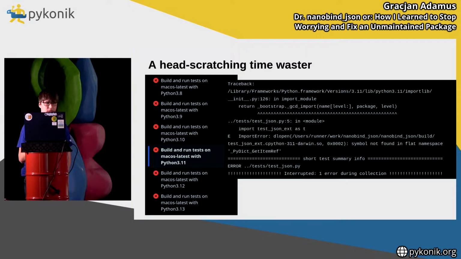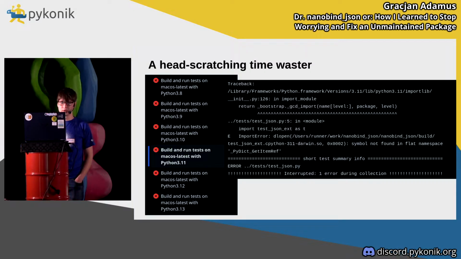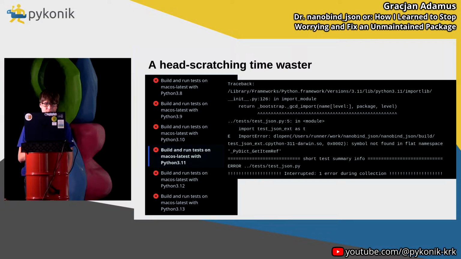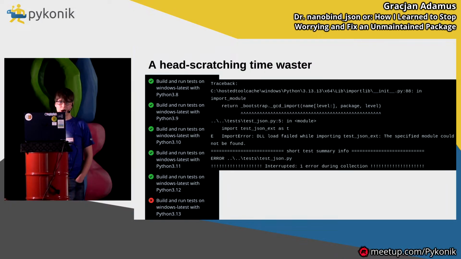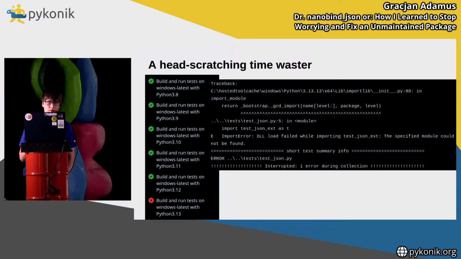On macOS, all Python versions failed, and I see a similar error, that something was not found in a namespace, and it also seems like part of that API. And on Windows, I see that almost everything is passing, besides the latest Python. And here I get an error that a DLL could not be loaded, it was not found.